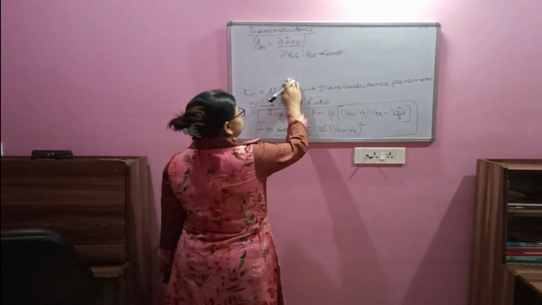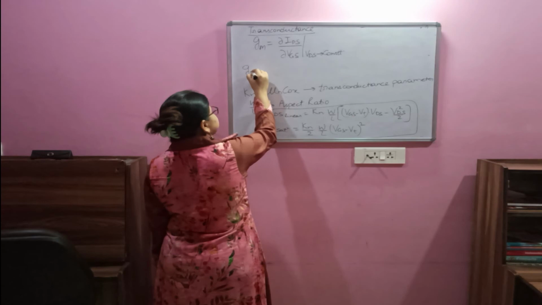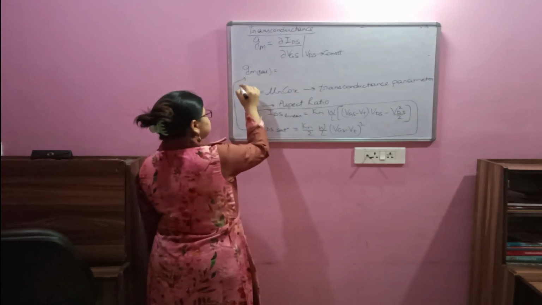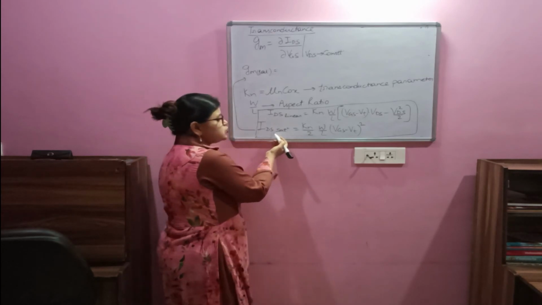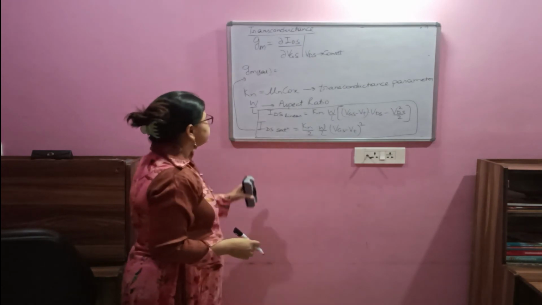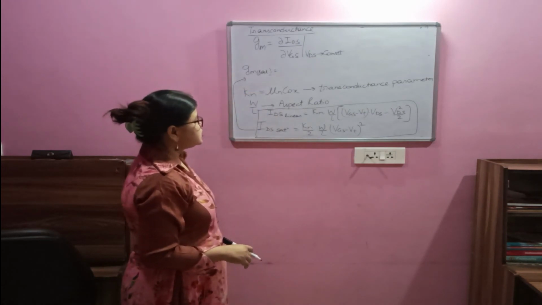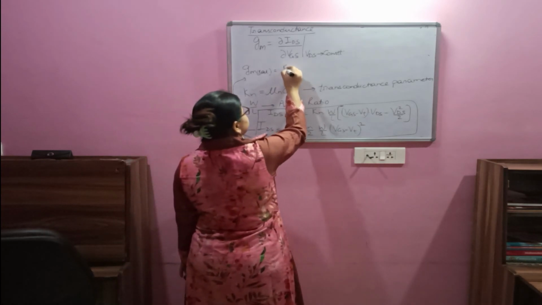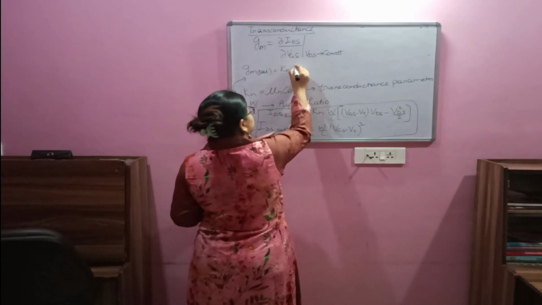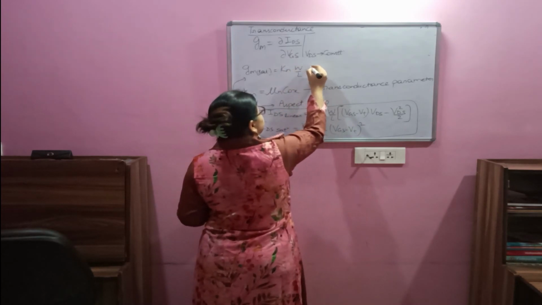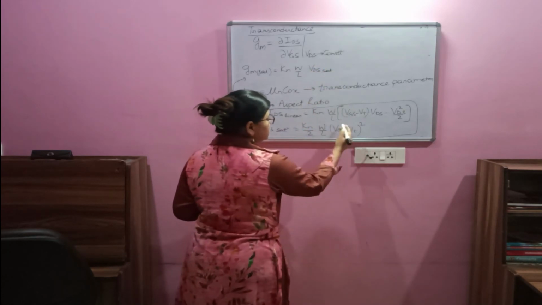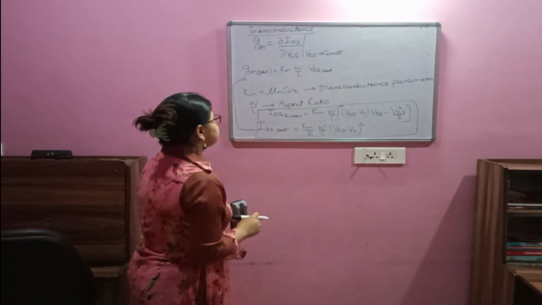If I talk of gm saturation, differentiating the saturation current equation with respect to VGS gives the transconductance of the saturation region, which is Kn into W by L into VDS saturation. Here VGS minus VT, I am writing as VDS saturation.